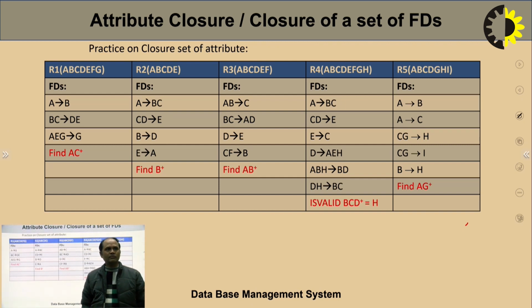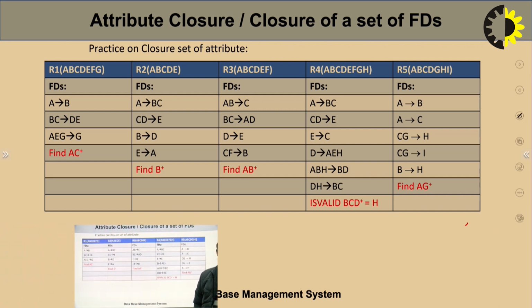Then in the second, find B plus. In the third relation, find AB plus. In the fourth relation, find BCD plus. In the last, R5, find AG plus.